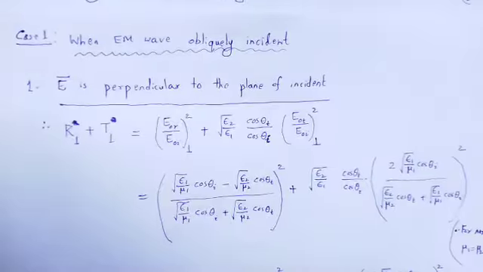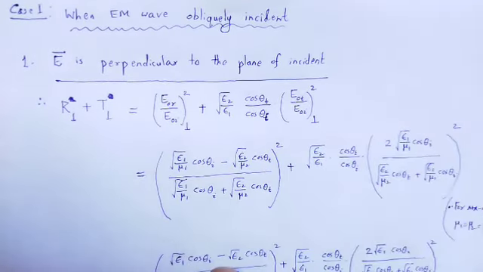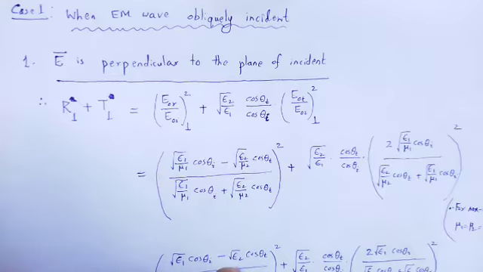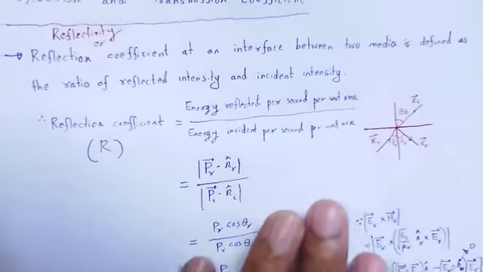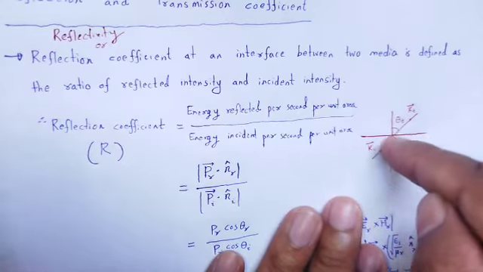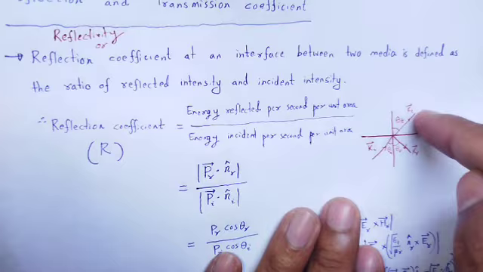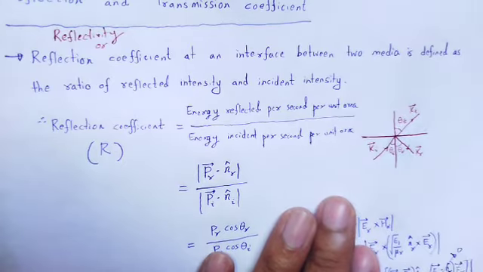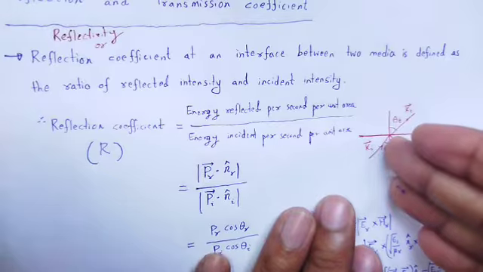Case number 1, when the electromagnetic wave is obliquely incident. Here we take that the electromagnetic wave is obliquely incident, then it is reflected and transmitted. Another situation may be when the electromagnetic wave is normally incident.